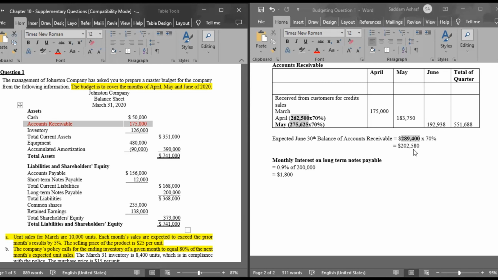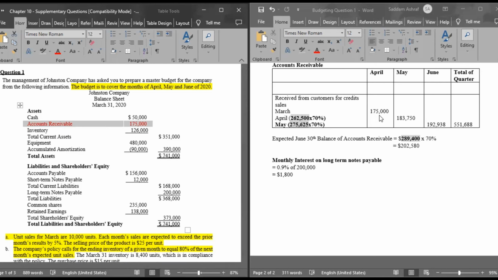It's okay. You can see there is a balance sheet provided at the start of the question. There is an accounts receivable amount of 1,75,000. It means that in March, we had credit sales of 1,75,000. And this closing balance of March has been received in the month of April.